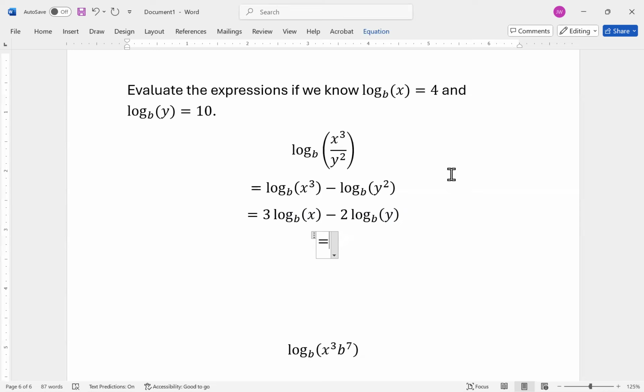That's just 3 times the number 4, since log base b of x is the number 4, minus 2 times the number 10, since log base b of y is equal to 10. That's going to give me 12 minus 20, which is a negative 8.